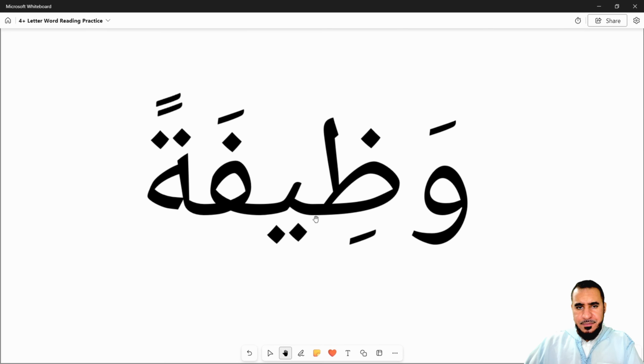So first of all, the ya here has a sukoon on it, and the letter before it has a kasra below it. So now we know that this ya here is from the letters of mad. It will lengthen the kasra sound. So this word, how would we read it?